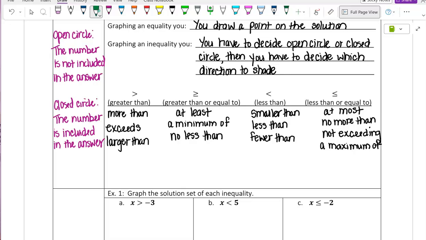So greater than would be an open circle when we are graphing, and less than would also be an open circle when we are graphing. And then greater than or equal to, less than or equal to, because the number is included, these would be closed circles.